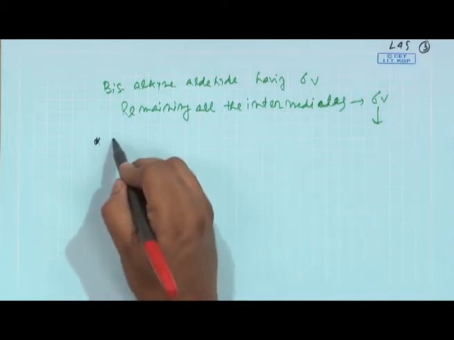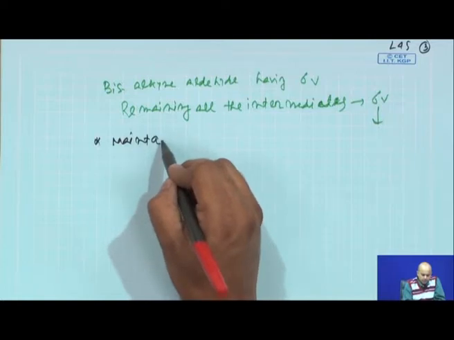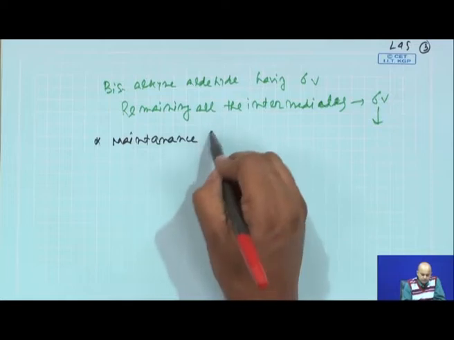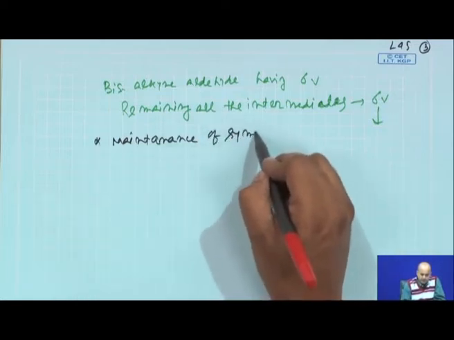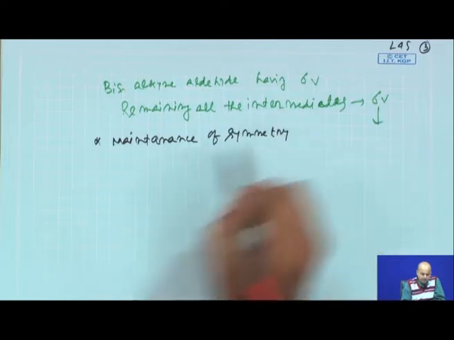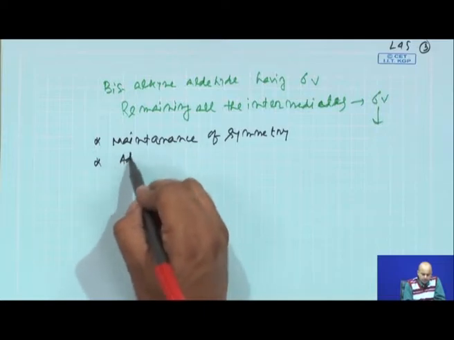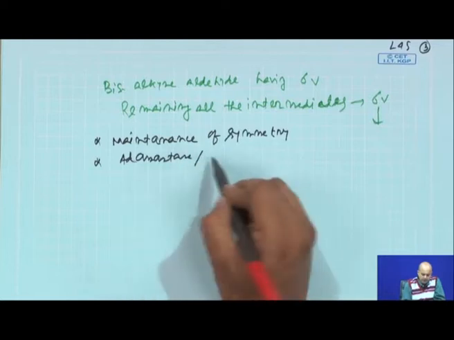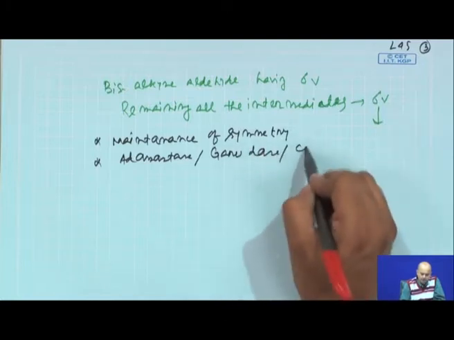We said we will be talking about maintenance of symmetry, which we have discussed, and then there are examples which we have talked about, molecules like adamantane and garudane, and also the naturally occurring compound civetone.